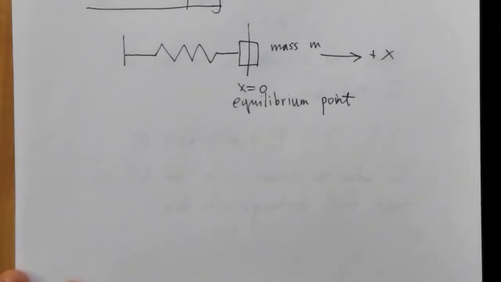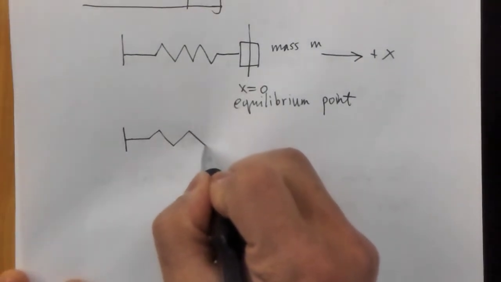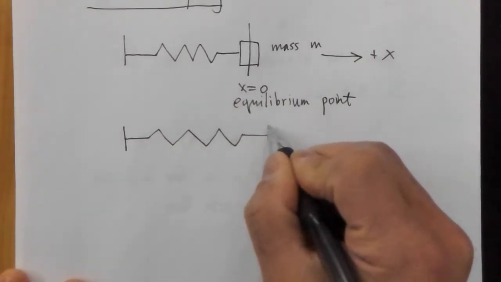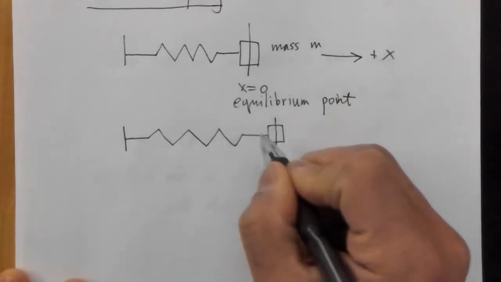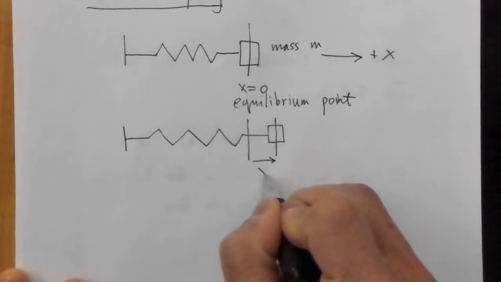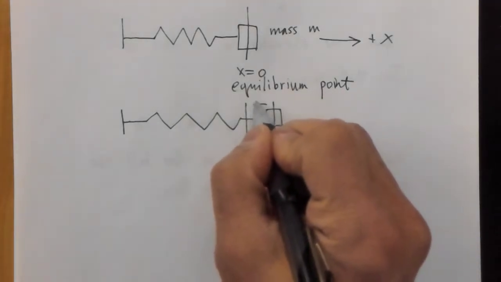All right, now remember with a spring, you can stretch it or you can compress it. Either way, it tries to bring the mass back to its equilibrium point. So let's say we stretch it. In this case, x is positive. And then there's going to be a force that goes like this.